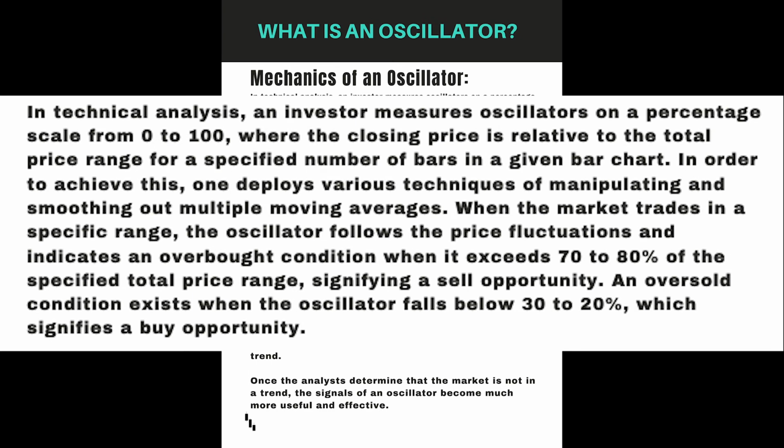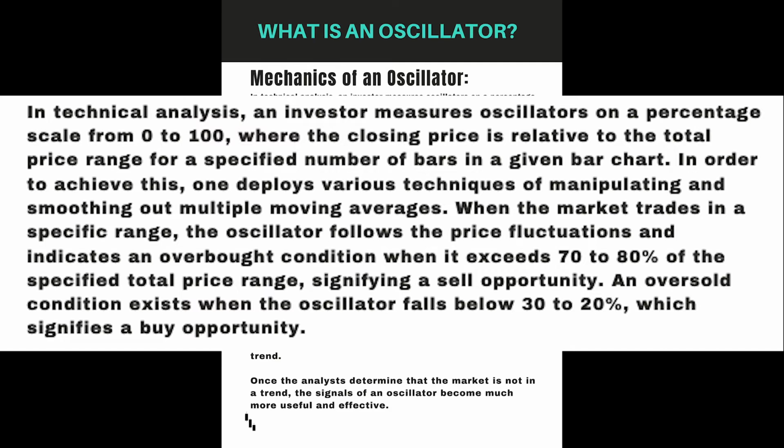So, the mechanics of an oscillator. In TA, an investor measures oscillators on a percentage scale from 0 to 100, where the closing price is relative to the total price range for a specified number of bars in a given bar chart. In order to achieve this, one deploys various techniques of manipulating and smoothing out multiple moving averages.